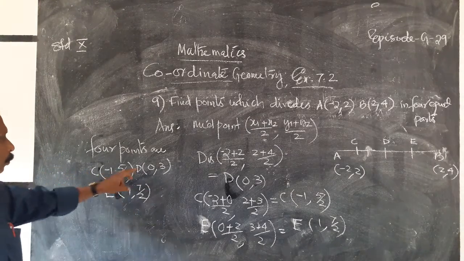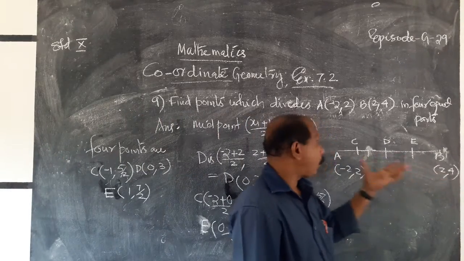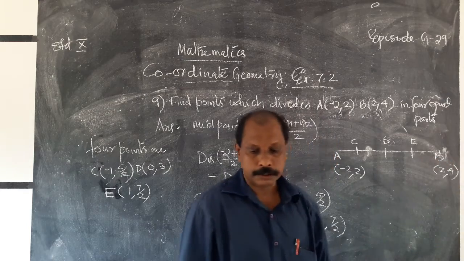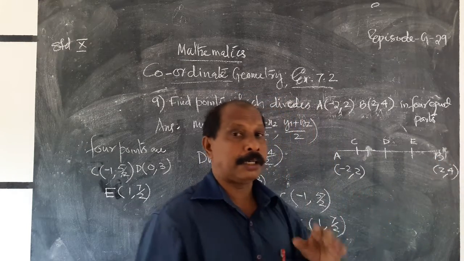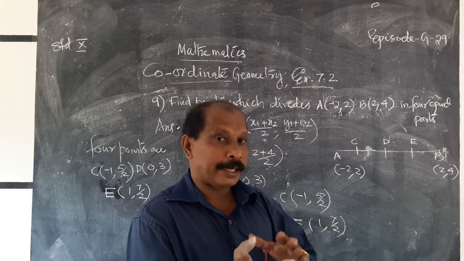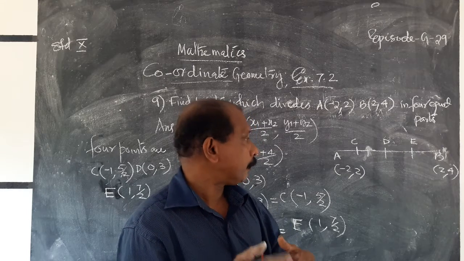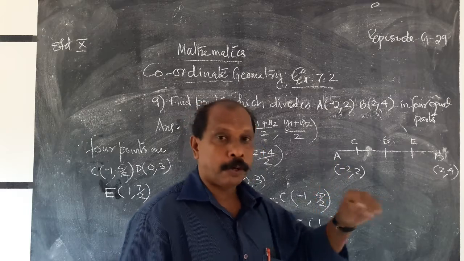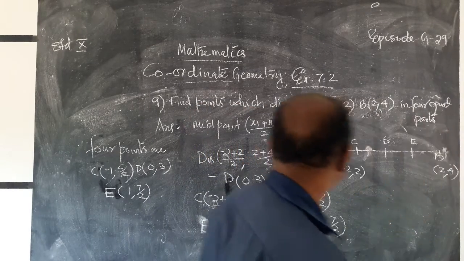These 3 points divide AB in 4 equal parts: first, second, third and fourth. That is the answer. That means first of all we find the midpoint of AB, that is D. Then we find the midpoint of AD, that is C. Then we find the midpoint of DB, that is E. Therefore, these 3 points divide AB in 4 equal parts.